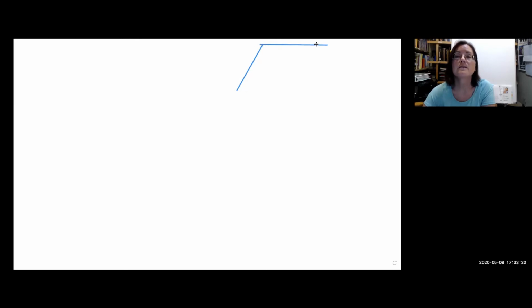So let's take a look at what's being given here. They've said that I've got a quadrilateral. These drawing tools are very sensitive.